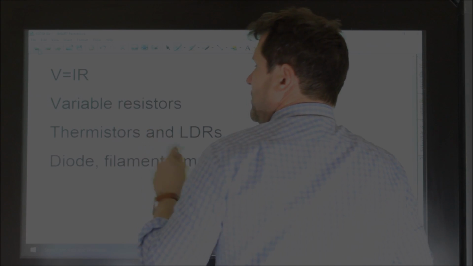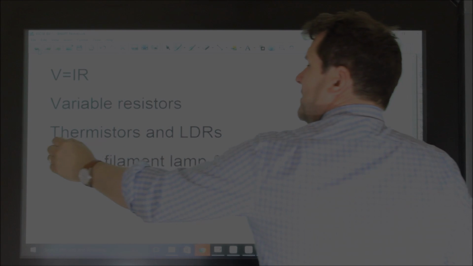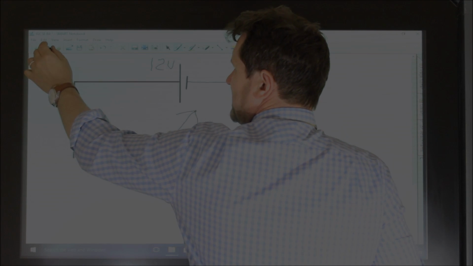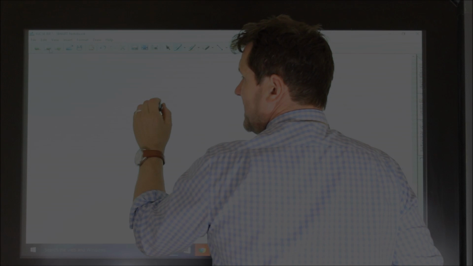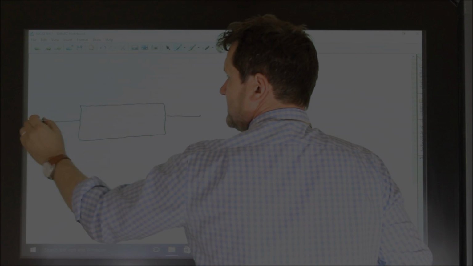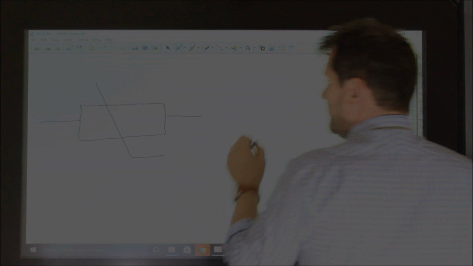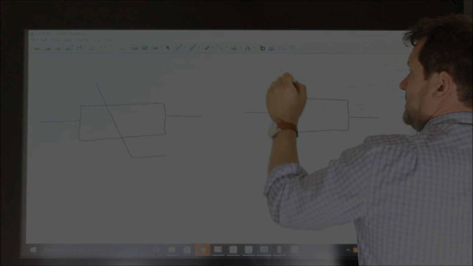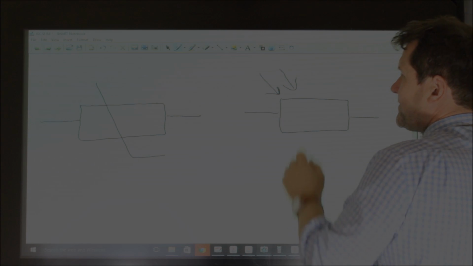Okay? Now, other things you need to be aware of: thermistors and LDRs. The thermistor looks like this, and the LDR looks like this.